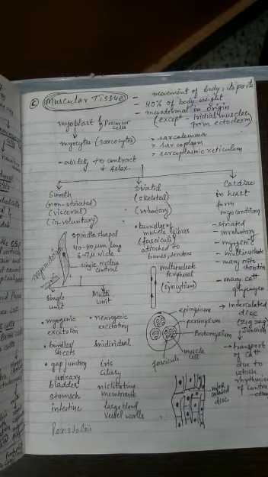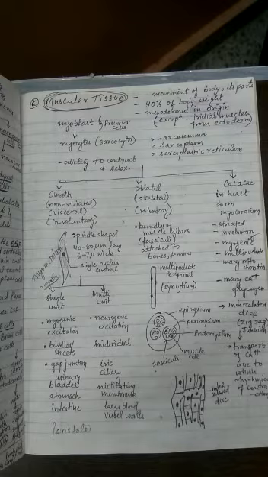Functionally they are of two types. I have already mentioned here, single unit and multi-unit. Those smooth muscles which function all together are called single unit, and those which function separately are called multi-unit. So single unit smooth muscles have fibers that are closely joined together with the help of cytoplasmic bridges.